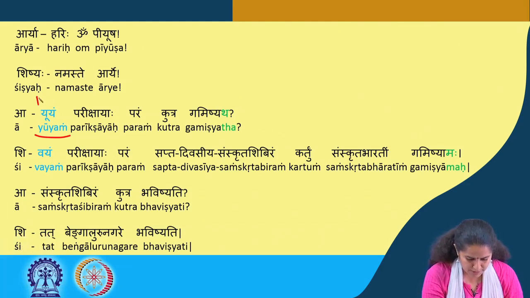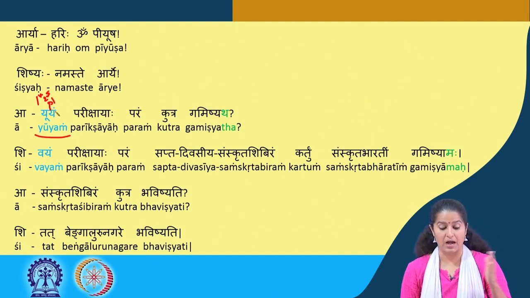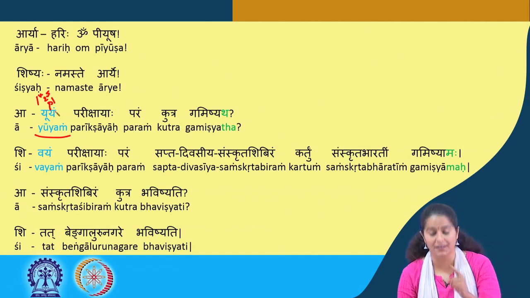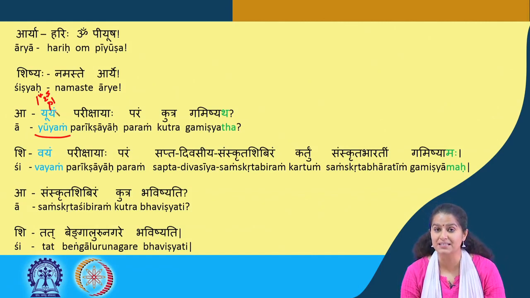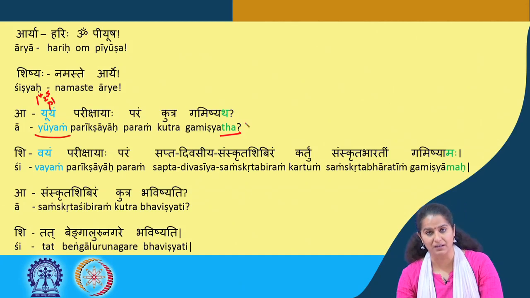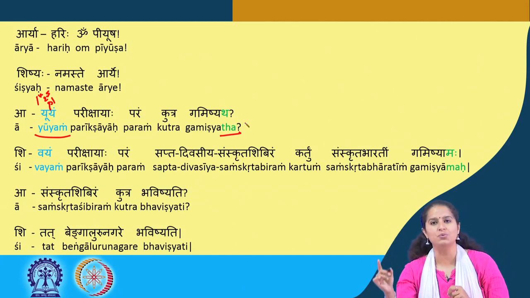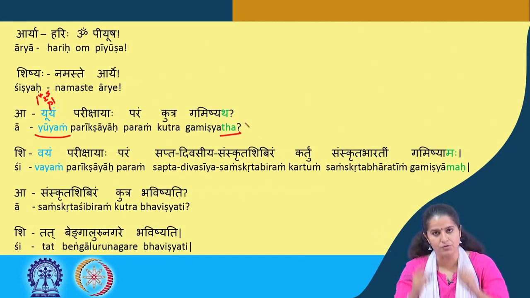So: Yuyam parikshayah param kutra gamishyatha. Because it's the first case, that means it's the subject of the verb, and we have changed the verb to gamishyatha. That is important to connect. The subject has to connect to the verb conjugation correctly. That amount of agreement is very important in Sanskrit.